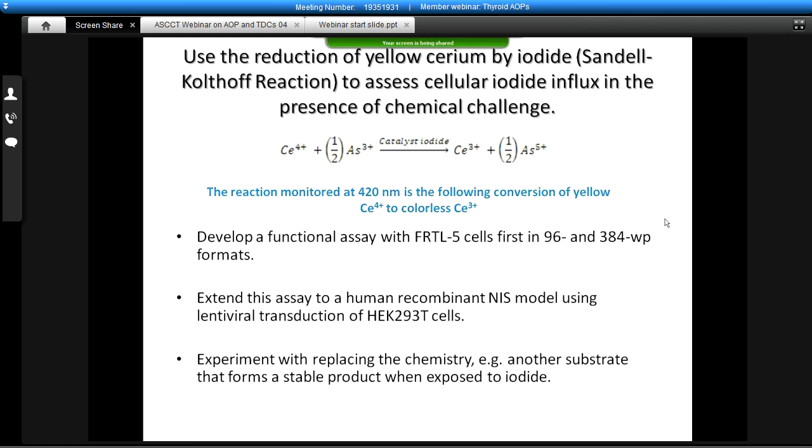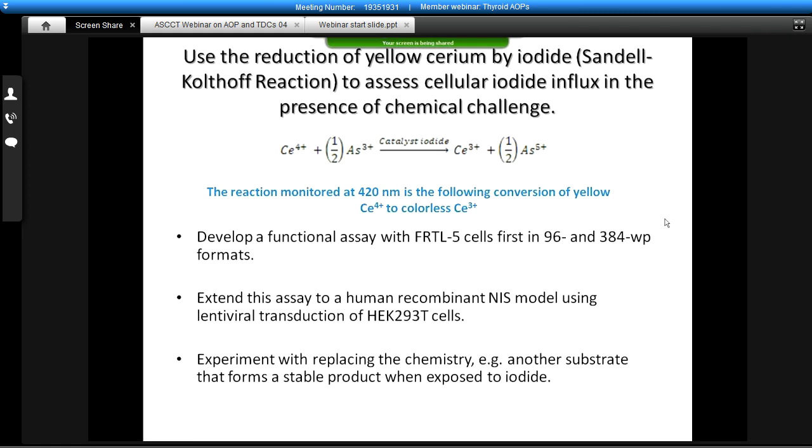So I could develop potentially a functional assay with rat follicular tumor cells, or FRTL5s, that express the sodium iodide symporter, first in a 96 and a 384 well plate format, just to try to get the chemistry working, get the assay working.